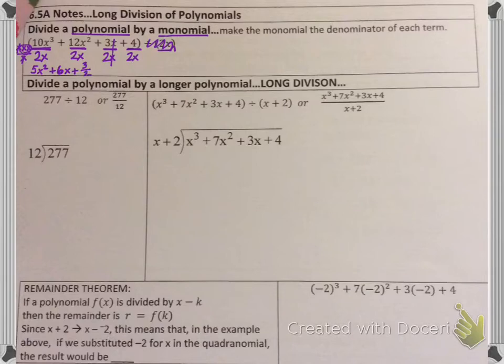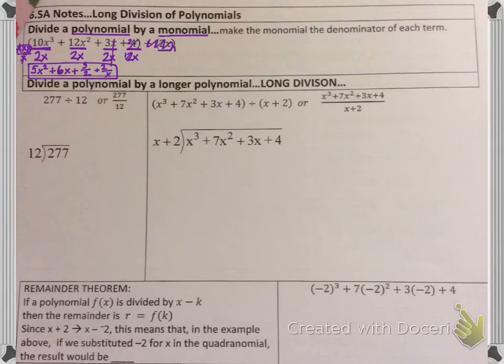And then finally, 4 over 2x. Well, the x isn't going to cancel because there's not one on the top to cancel with, but 4 over 2 can reduce to 2 over 1. So I have 2 over 1x, which we would call 2 over x. I know my writing is kind of squished in there, but that would be my answer when I'm dividing by a monomial. Monomials are the easy ones to divide by.